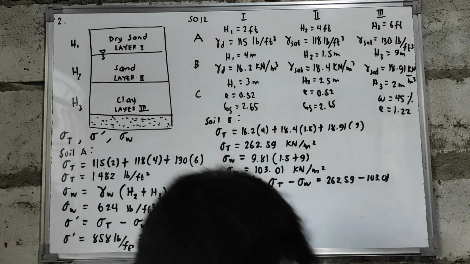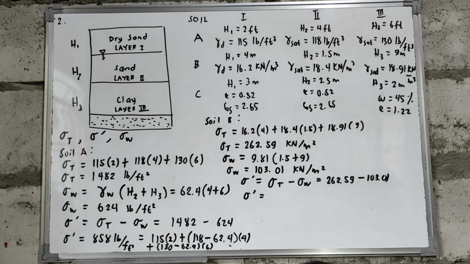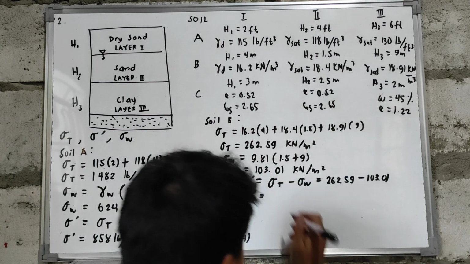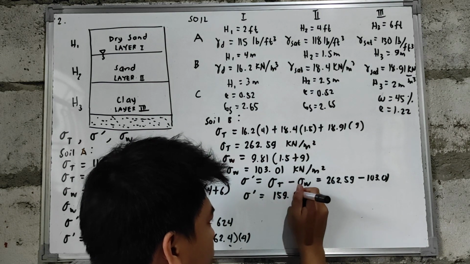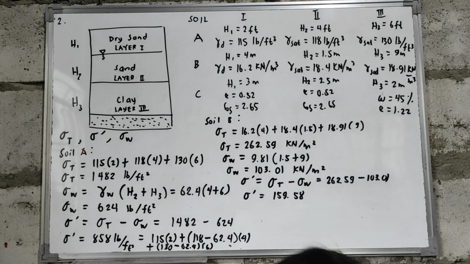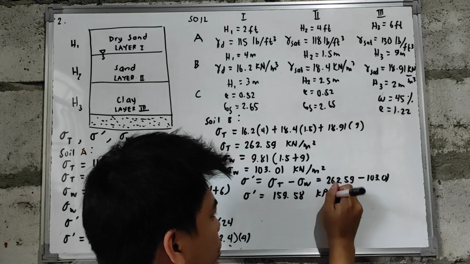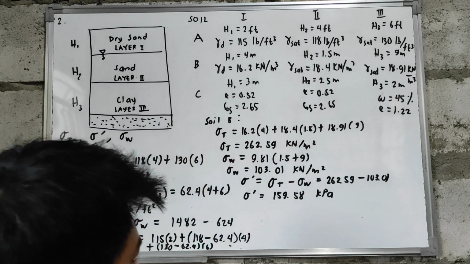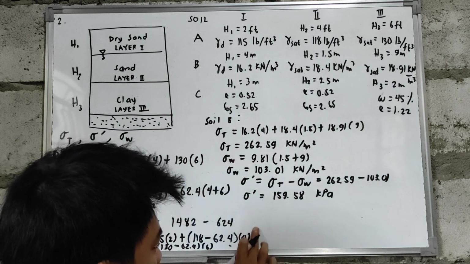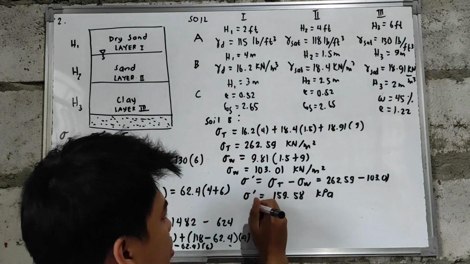So, sigma prime is now equal to 159.58 kilopascal or kilonewton per meter squared. So, next, paano naman natin i-compute yan? Alternate solution.